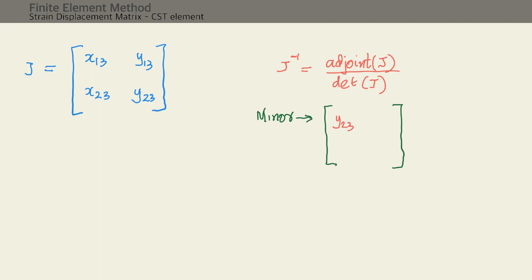For the second element, you consider the second element, cross the corresponding column and row, and the remaining element is written over here. x23 comes here. For the third element, you cut the row and the column, and what remains is written over here. And the last one is x13. You do the similar procedure. Now the next step is to get the cofactor matrix.